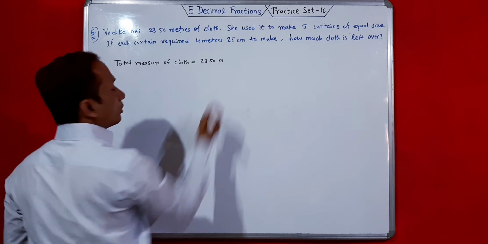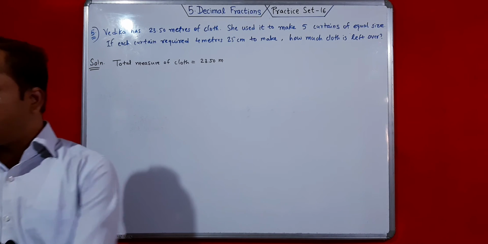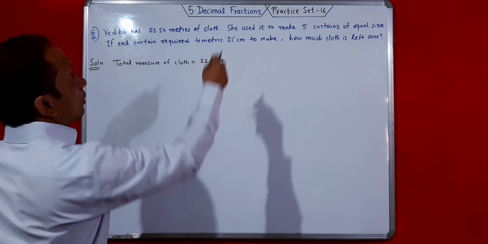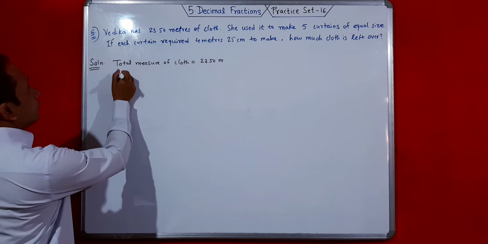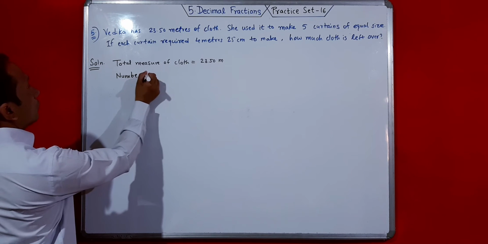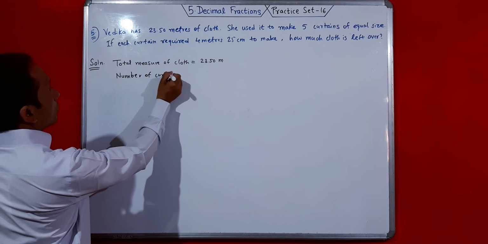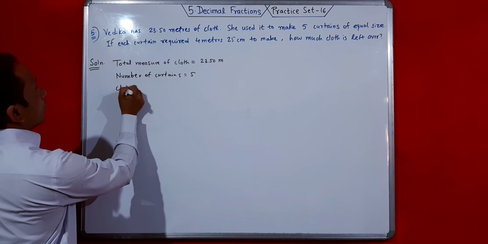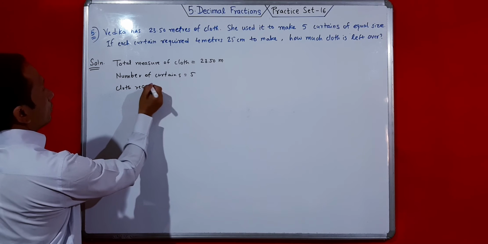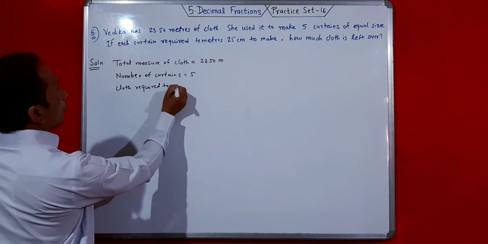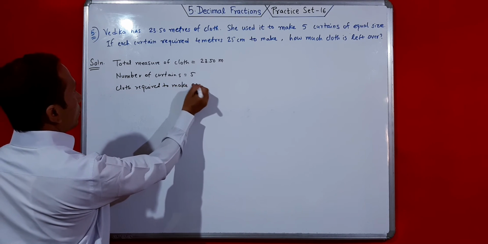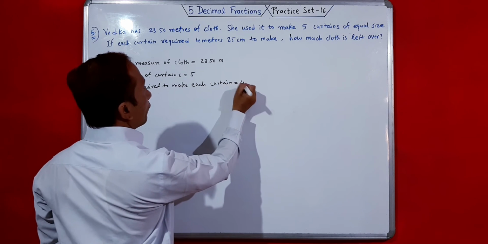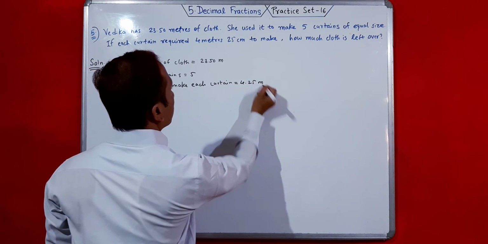Second, the number of curtains is equal to 5. The cloth required to make each curtain is equal to 4.25 meters.